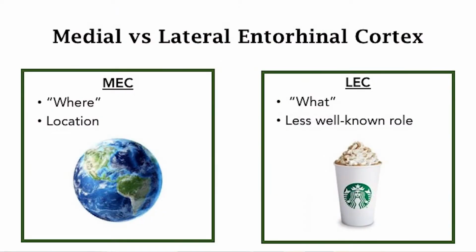Like I mentioned, I'm interested in the entorhinal cortex, specifically the differences between the medial entorhinal cortex, or MEC, and lateral entorhinal cortex, or LEC. While MEC has been associated with location and space, making up the where pathway, the lateral entorhinal cortex has been associated with the what pathway, but has a less well-defined role.